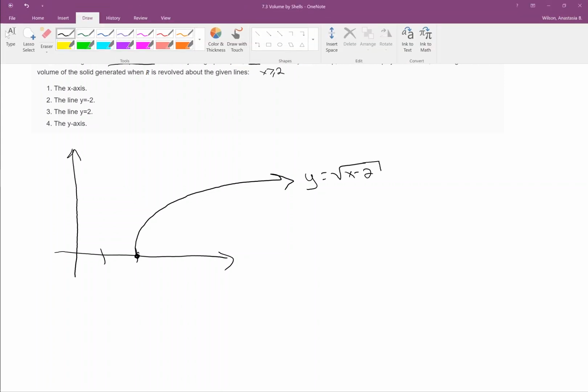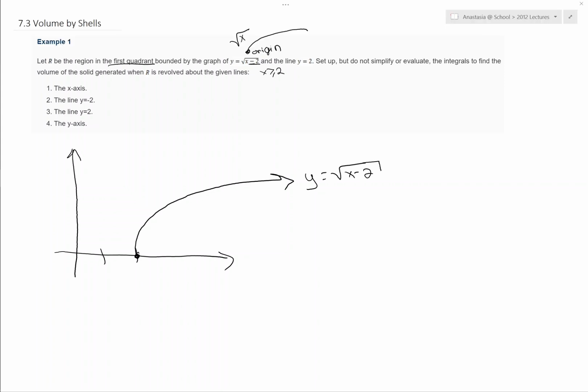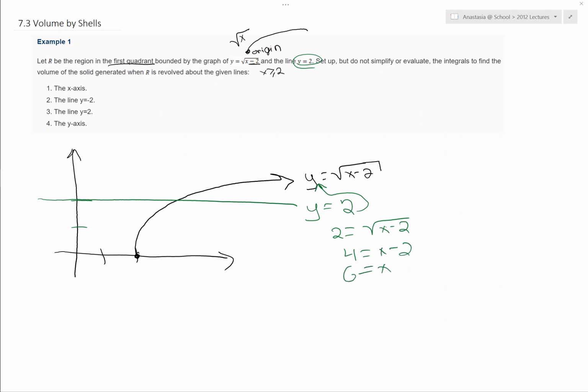We'll label a few particular points as we get more information on our graph. We also have the line y equals 2. So something like this, and this is definitely not going to be drawn to scale, but that's okay. When y is equal to 2, if we wanted to find our intersection point, we would have 2 equals the square root of x minus 2, so 4 equals x minus 2, x equals 6.